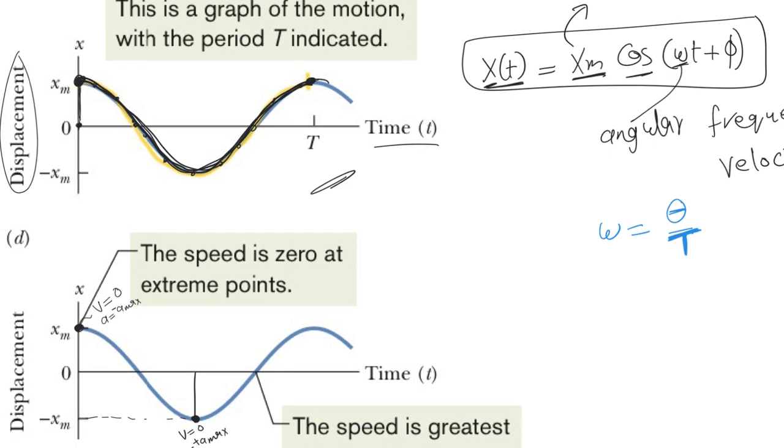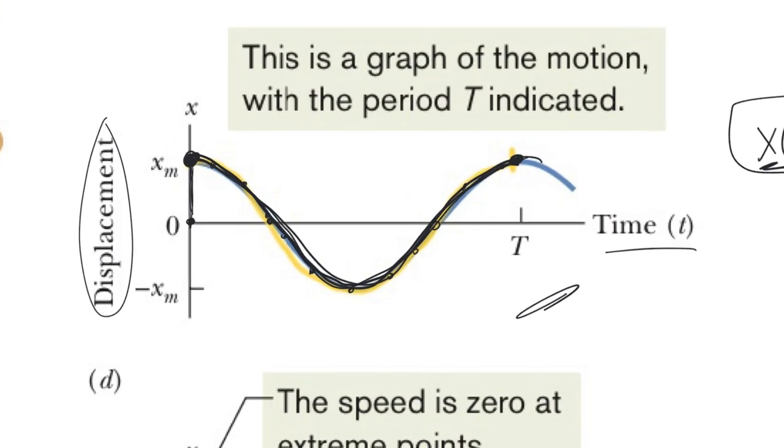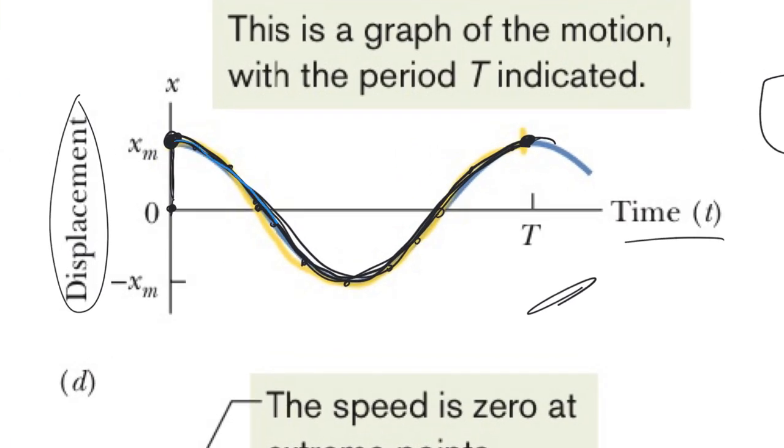For example, if you see theta changing with time, it must complete one oscillation, which is 2 pi. I mean the theta, for a period of time, changes until it reaches 2 pi.